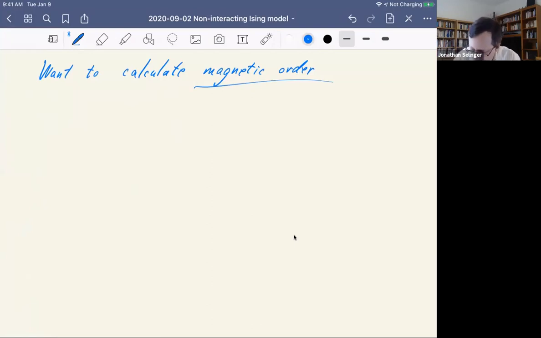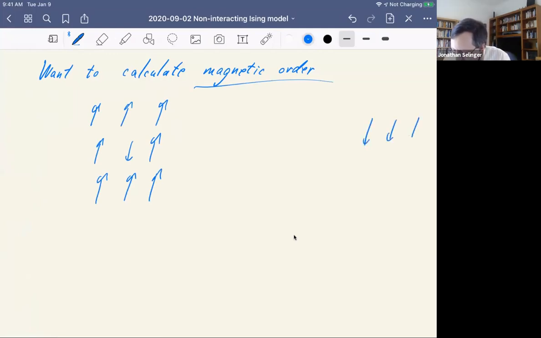Okay, so one possible state would be a state where almost everything is pointing up. Maybe there's an exception somewhere, right? But this is a state that is well aligned, pointing in the up direction, right? Or there might be a state that is well aligned, pointing in the down direction. Again, maybe not 100%, but mostly in the down direction.